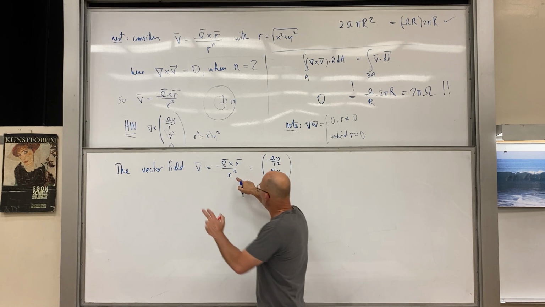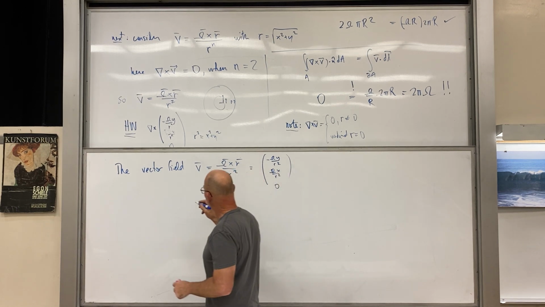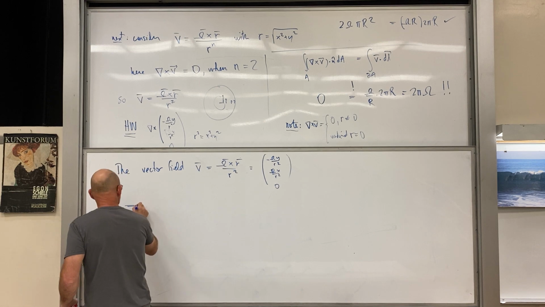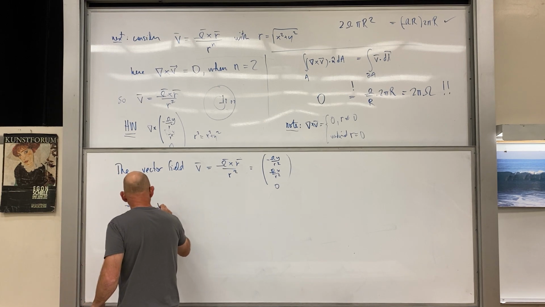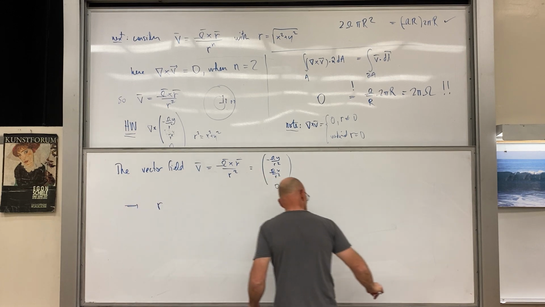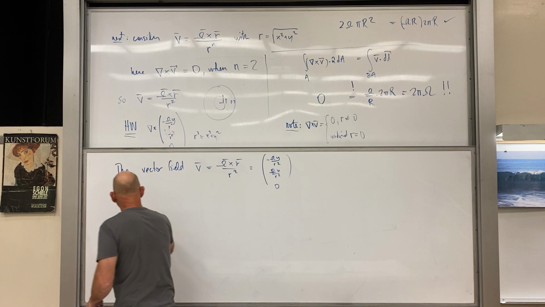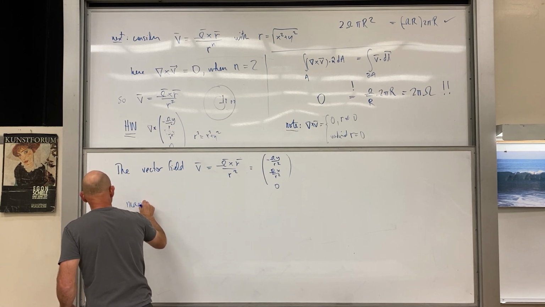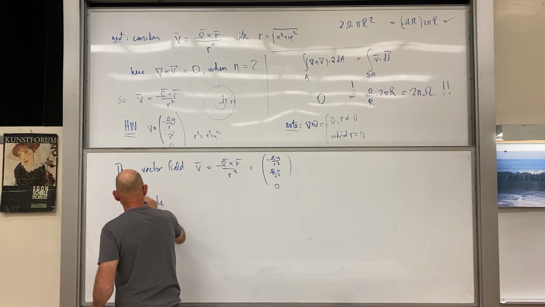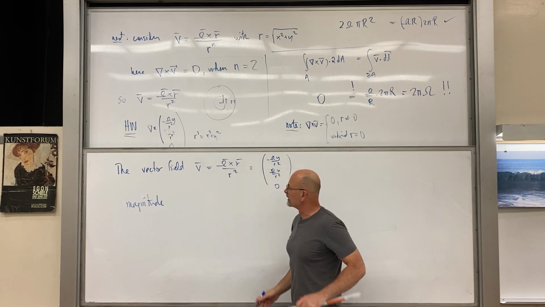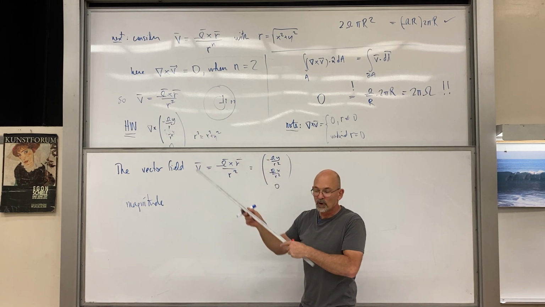Here's what we do. What about the magnitude of this thing? If we just multiply through by r, in fact, I'll just write magnitude-wise. We know the direction of this, it's just tangent as it's circular motion.